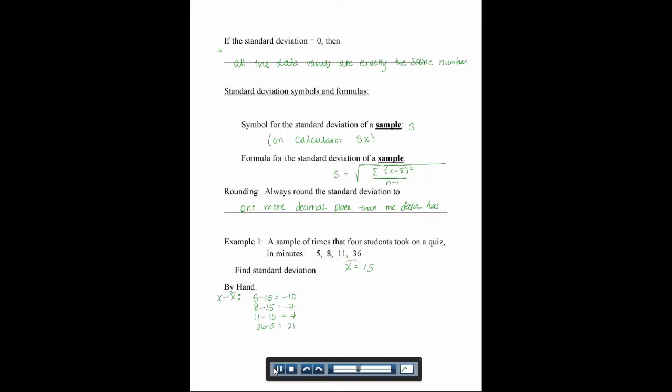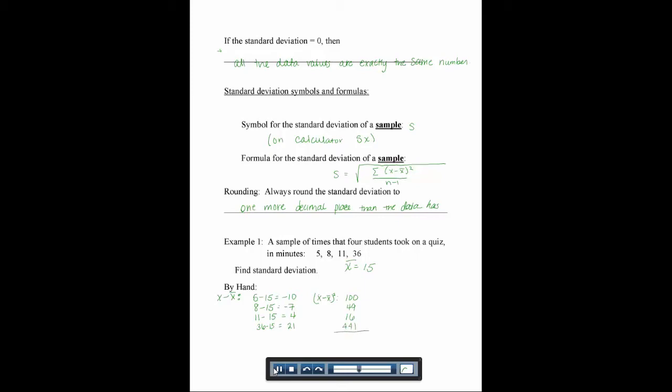Now, we need to square all of these values. So we're going to have 100, that's negative 10 squared, negative 7 squared is 49, 4 squared is 16, and 21 squared is 441.